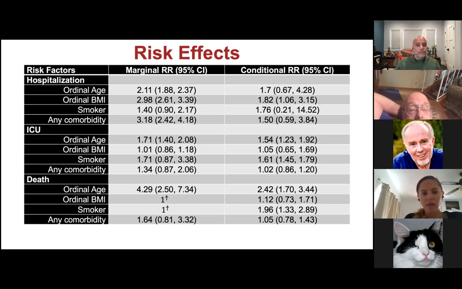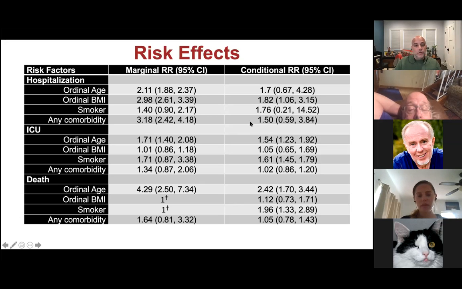When we run our analysis, this presents the 3 different models that we have for hospitalization, ICU, and death as the outcome in our logistic model framework. These are the marginal relative risks that we get from the previous data, the data that's available from China. And then these are the conditional relative risks that we calculate using our reference data and approach here.